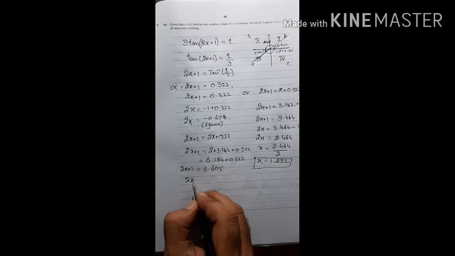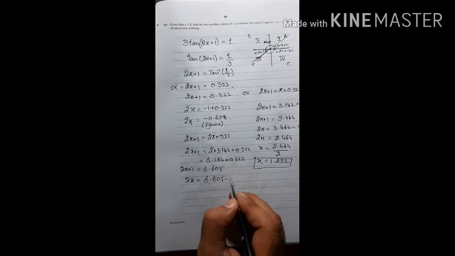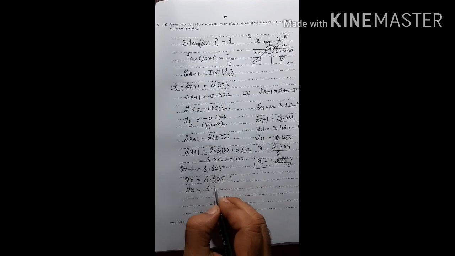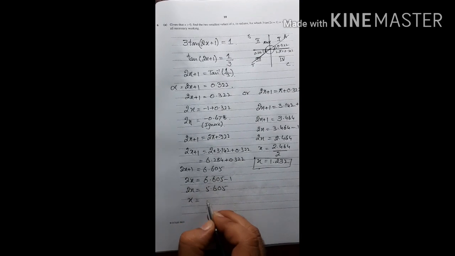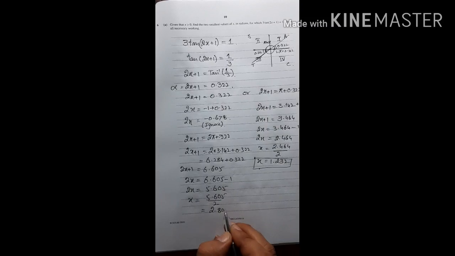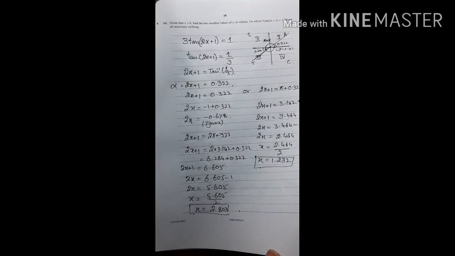So 2x is 6.605 minus 1. 2x is equal to 5.605, or x is equal to 5.605 over 2, which is 2.803. This is our second answer. Okay, this was part A.